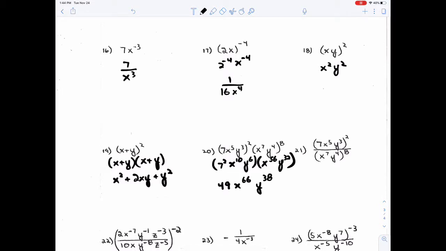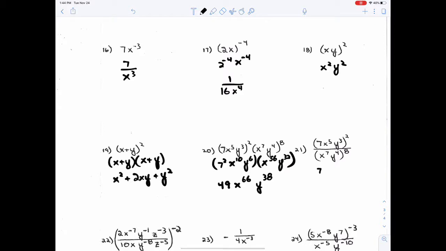21's the same deal. I'm going to give the exponent inside the parentheses first. So you end up with 7 squared, x to the 10th, y to the 6th, all over x to the 56th, y to the 32nd.